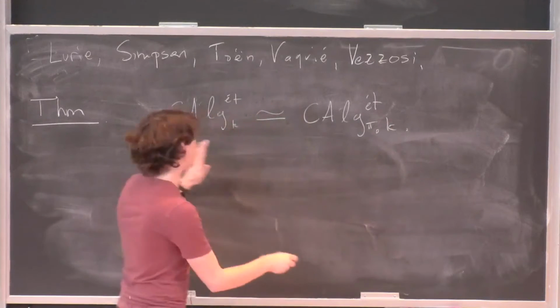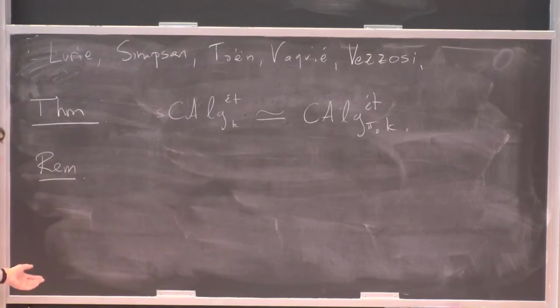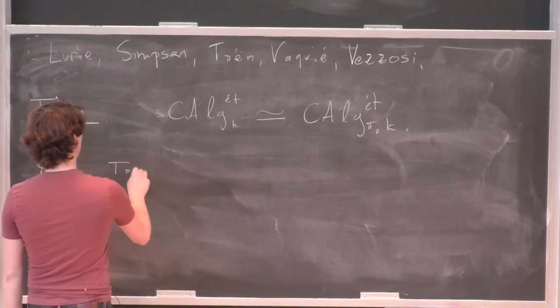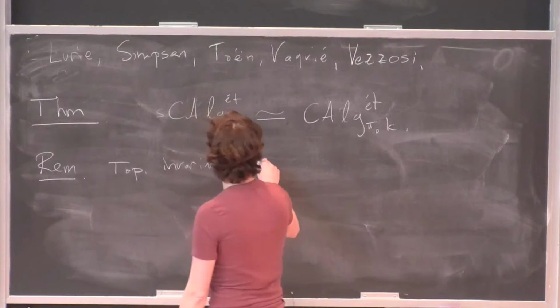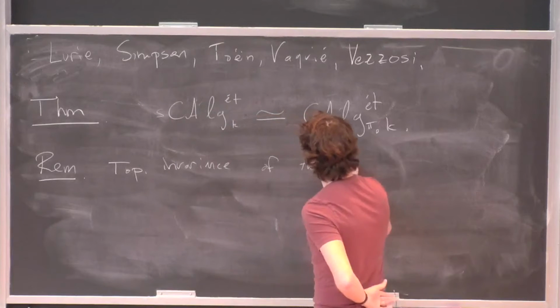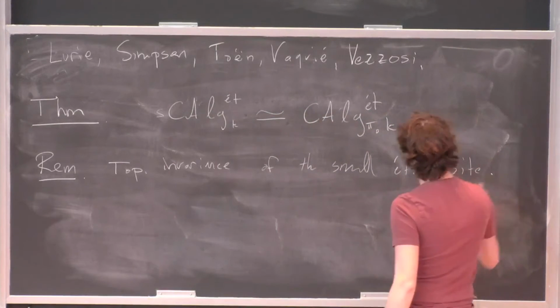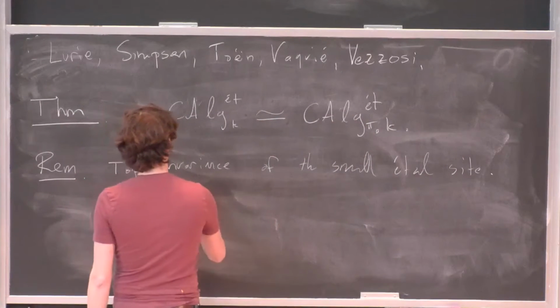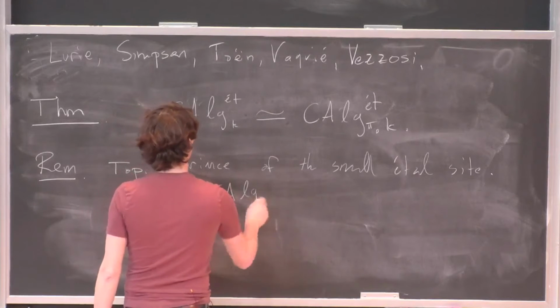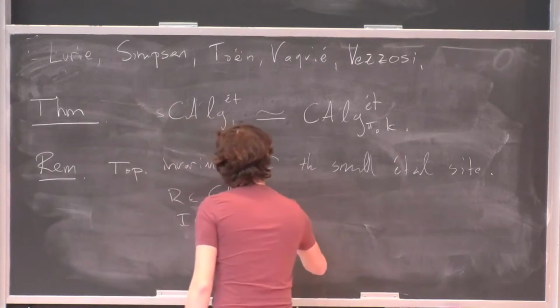Okay? Now let me make a remark that I think is very helpful for my intuition. So recall that there's topological invariance of the small étale site. So for example, let's now just say that R is an ordinary commutative ring, and I inside R is a nilpotent ideal.